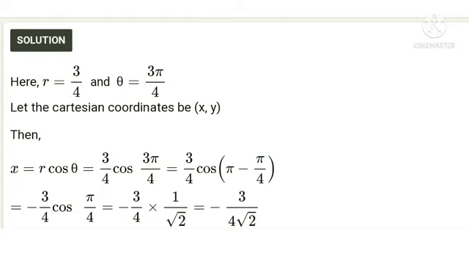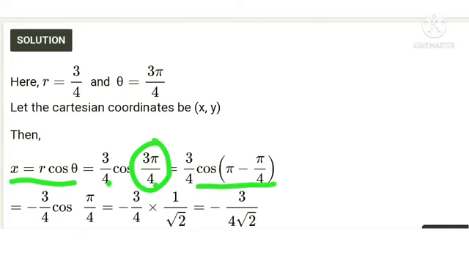Put the value 3 by 4 into cos 3 pi by 4. We convert this cos 3 pi by 4 as cos (pi minus pi by 4). So we get minus, since cos (pi minus theta) is minus cos theta. So we get minus 3 by 4 cos pi by 4. What is the value of cos pi by 4? 1 upon root 2. So we get here minus 3 by 4 root 2.